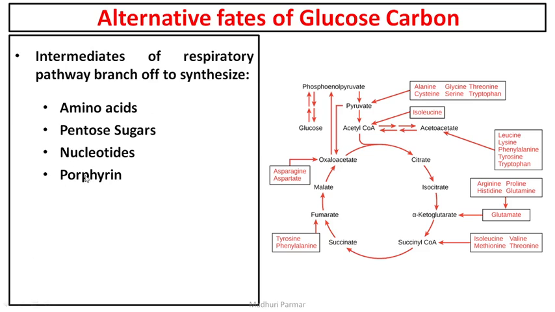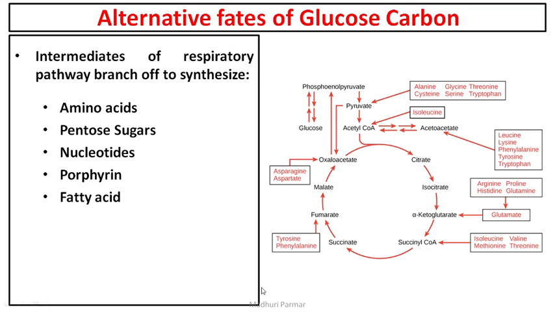Cytochrome C will have C type porphyrin or heme, cytochrome BC1 will have B type and C1 type, and cytochrome B6F will have B6 type and F type. So all different kinds of porphyrin ring are also produced from glucose.